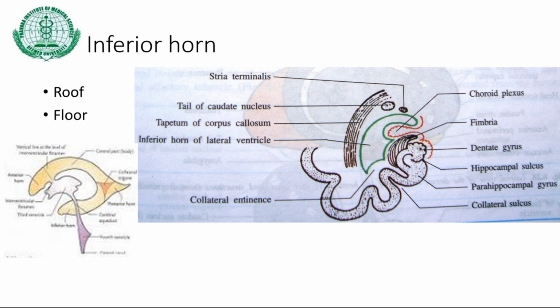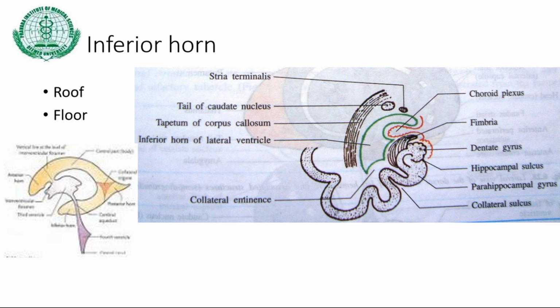The floor of the lateral ventricle presents from lateral to medial side the collateral eminence. This collateral eminence is an elongated elevation which is formed by the inward projection of the collateral sulcus.